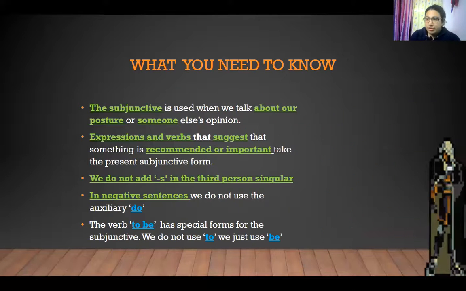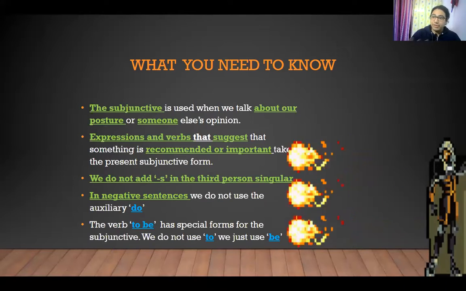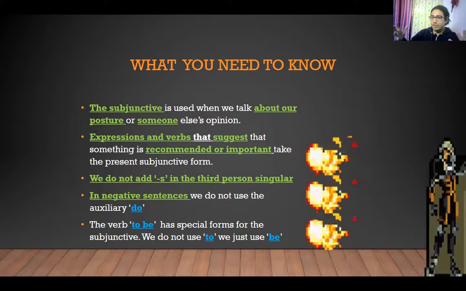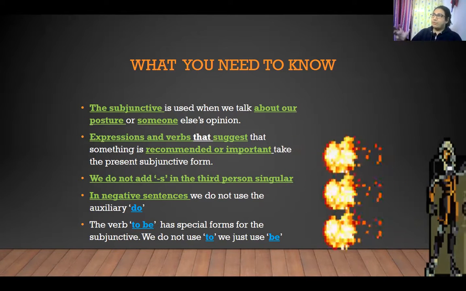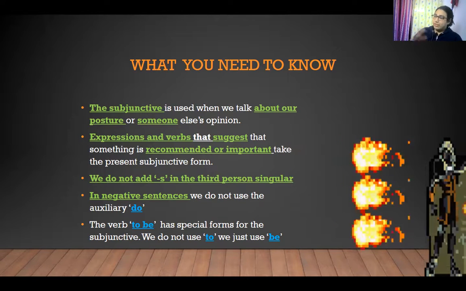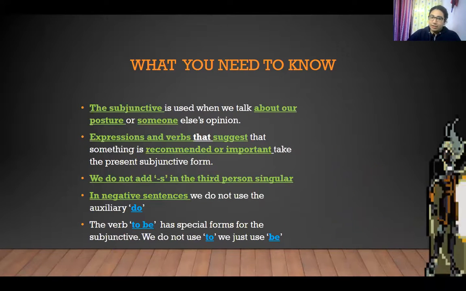What you need to know is that the subjunctive is used when we talk about our posture or someone else's opinion. It's when we are trying to say, I am in this mood and I want to say something, or if you want to give advice, with expressions and verbs that suggest that something is recommended or important.